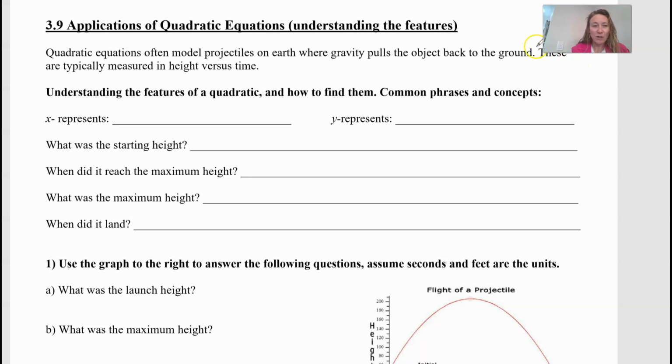We're going to typically measure these in height versus time, just the way that with a basketball you could measure the height above the ground over time, or you could also just look at that visual shape because it's also moving forward over time. In that case, we're commonly going to refer to x as time, and that's going to be time in seconds.